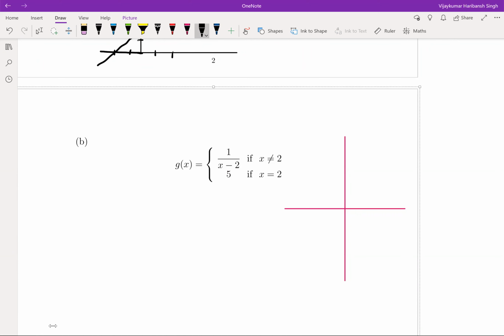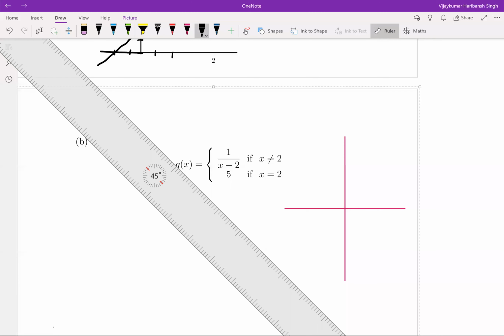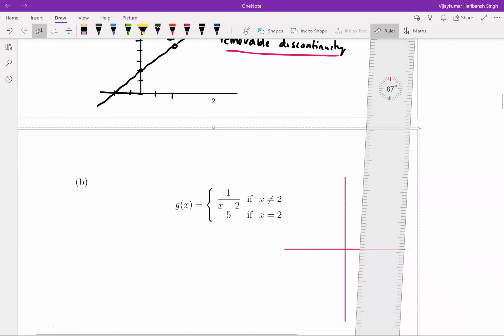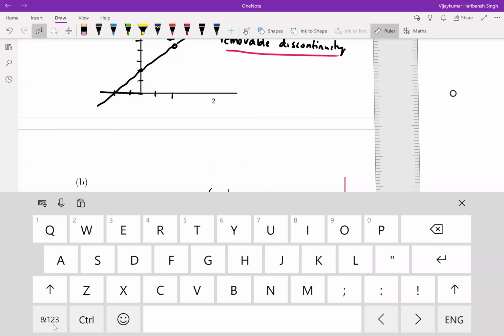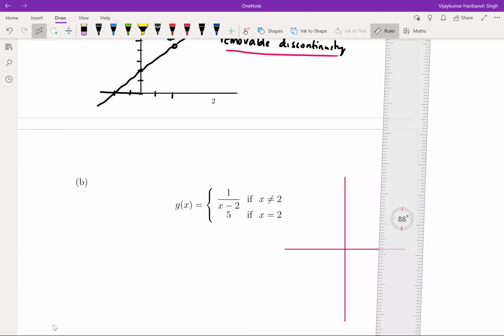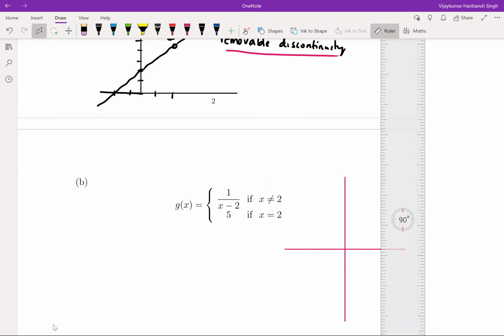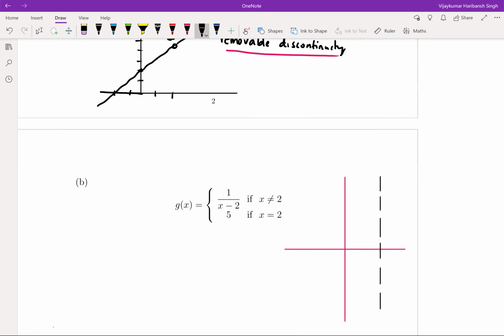So the graph looks like this. This graph has a vertical asymptote at 2, and then when you draw it, let me use another pen.